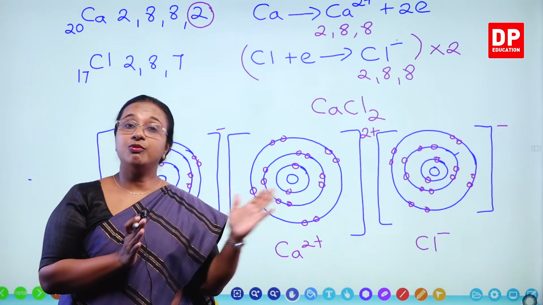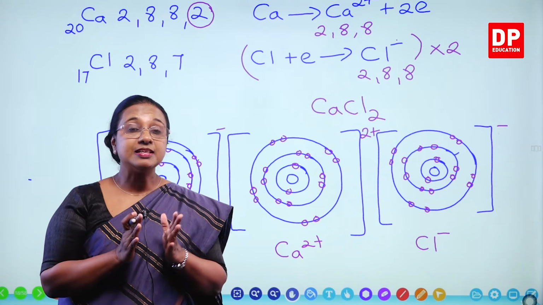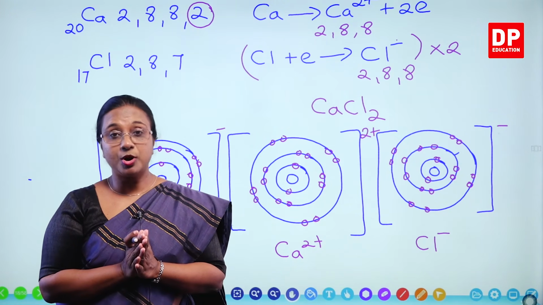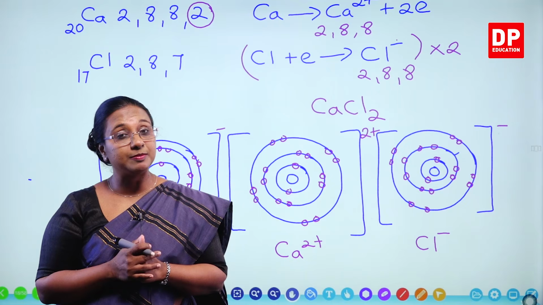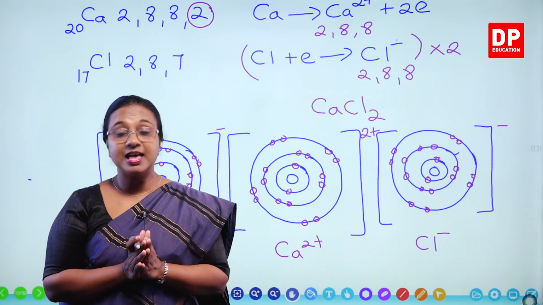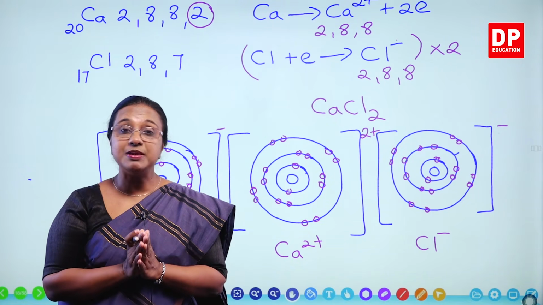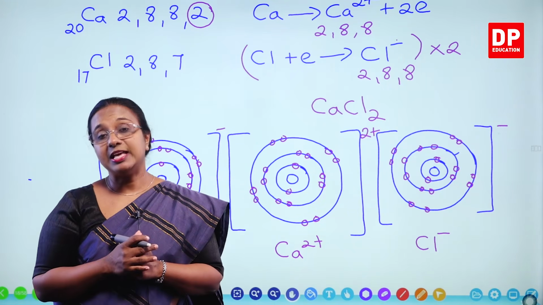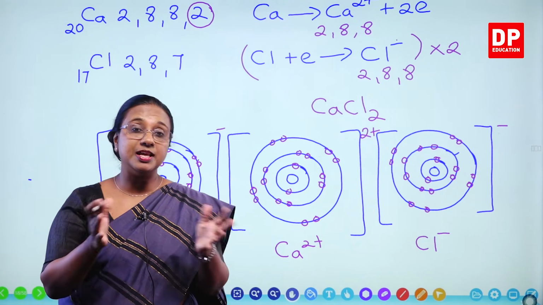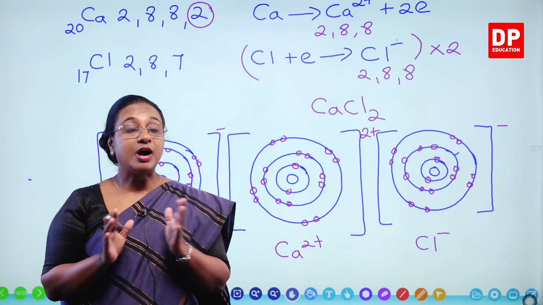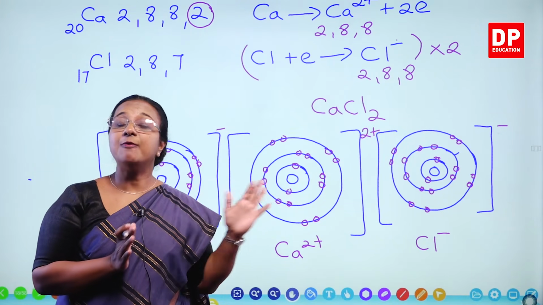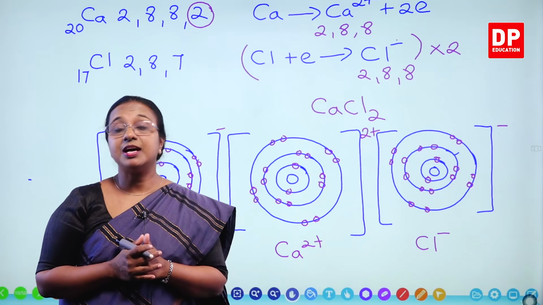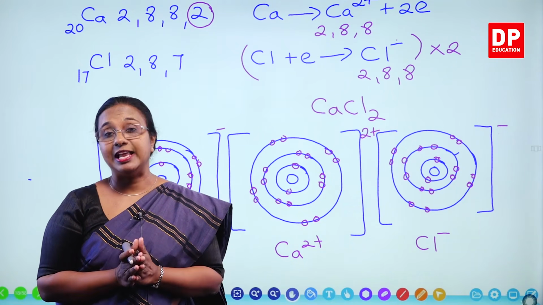And also, you know that ions can form from atoms as well as charged molecules, which are known as polyatomic ions or radicals. And the ionic compounds can be formed between ions of atoms or polyatomic ions or a combination of both. So I am sure you have understood how ionic compounds form. So next, in the next chapter, I will be discussing covalent compounds.